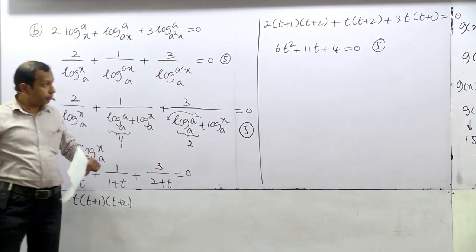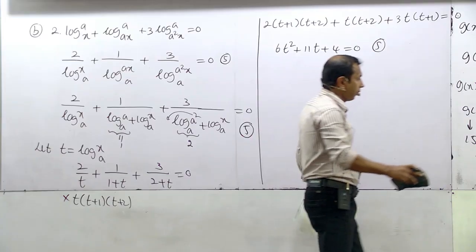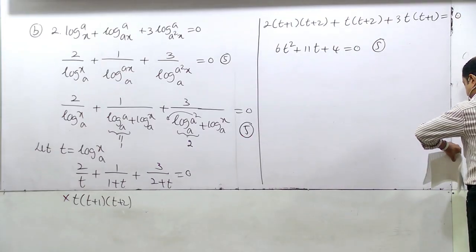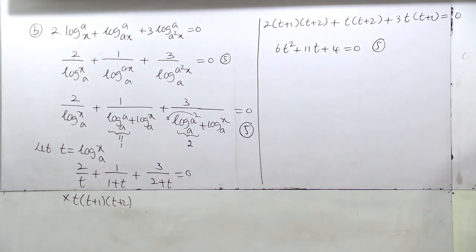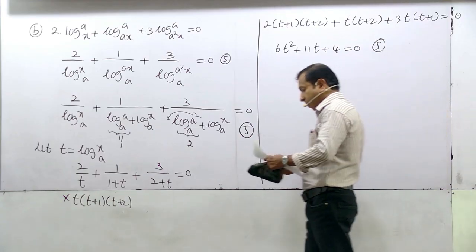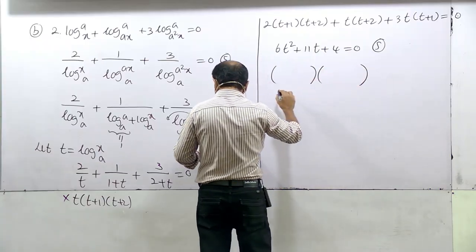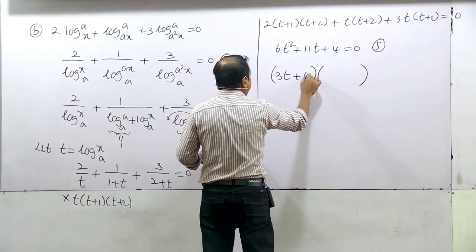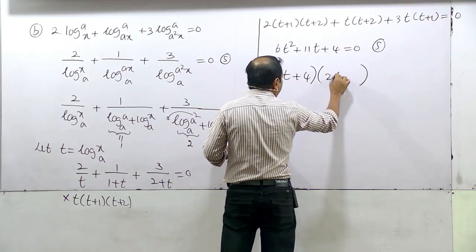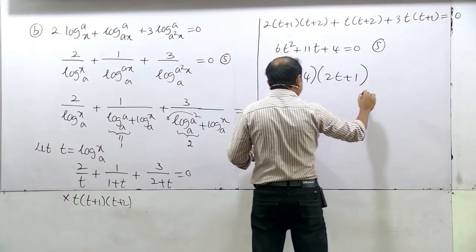Okay, now we can factorize this. The 2 factors we can write: 3t plus 4 and 2t plus 1 equals 0.